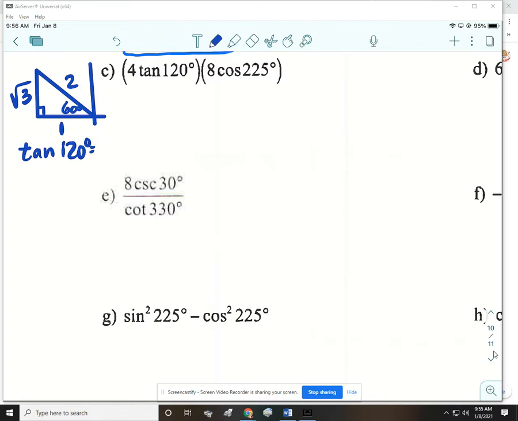First, in quadrant 2, tangent is negative. And the tangent of 120, we would do the opposite over the adjacent. So it's the negative square root of 3.